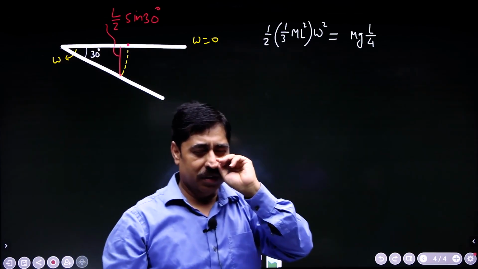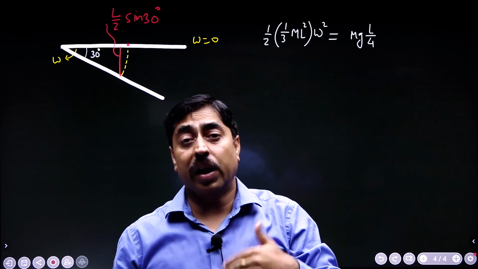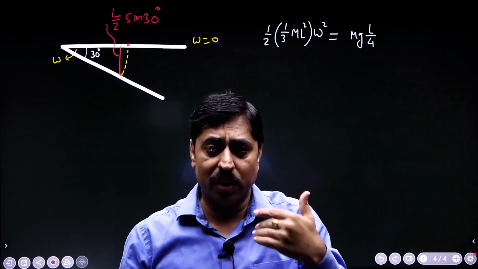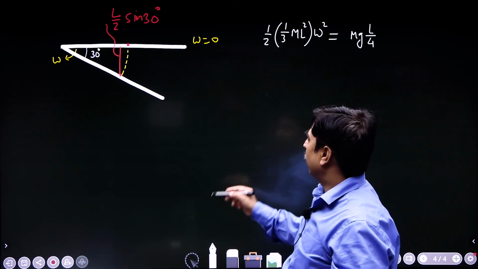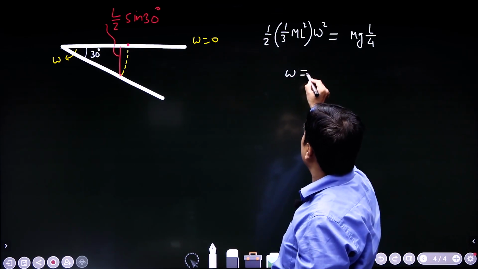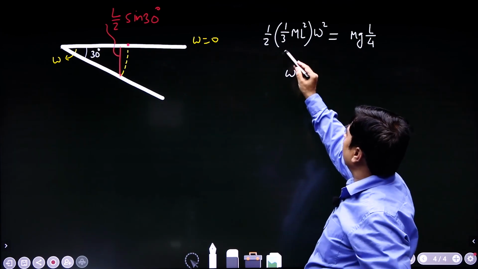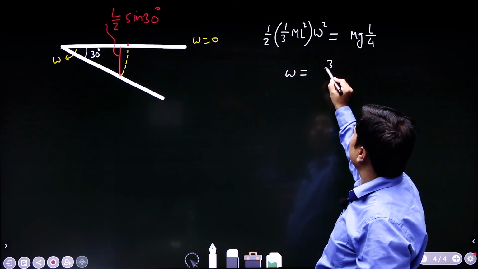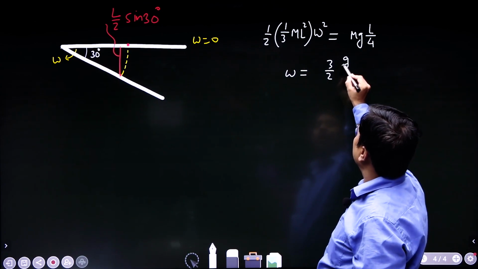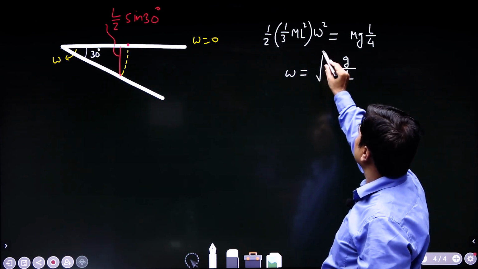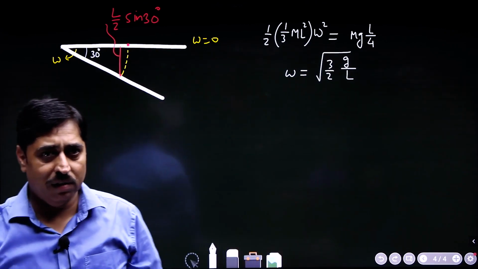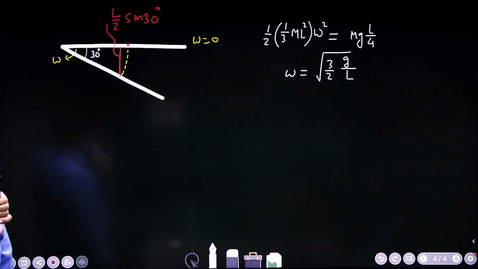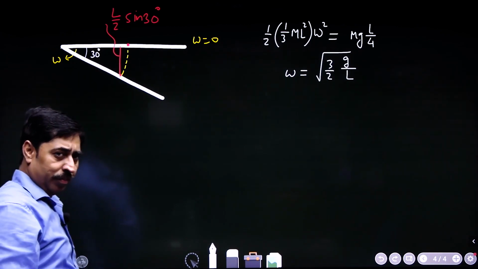And this kinetic energy is equal to the loss in gravitational potential energy, which is mg times L by 4. So from here you can work out the value of omega. It actually becomes, 2 cancels out, it is 3 by 2, g remains, L remains. I guess this is what you get. Please cross check it. Root of 3 by 2 g by L is the omega.